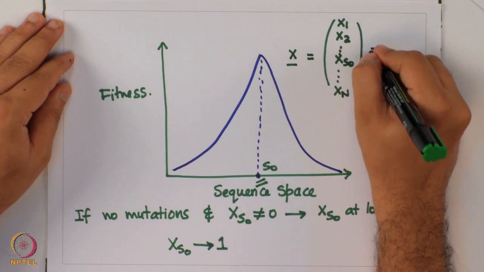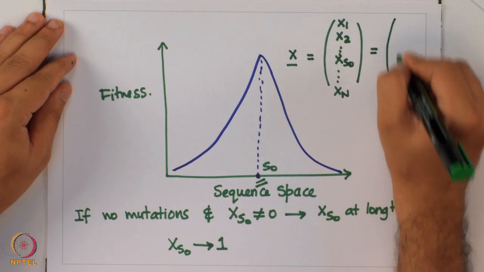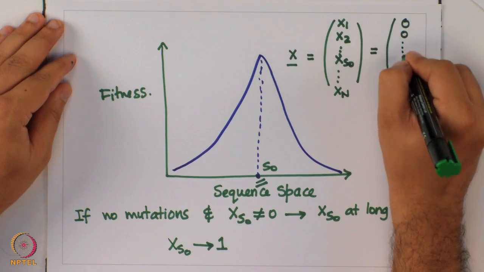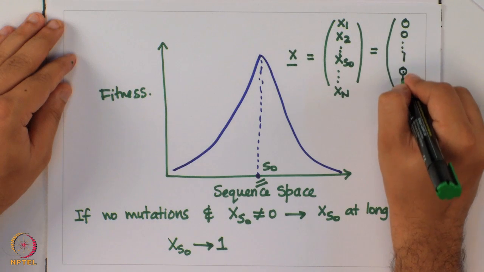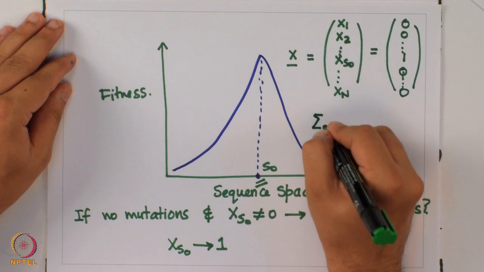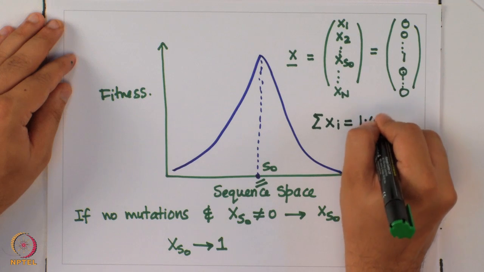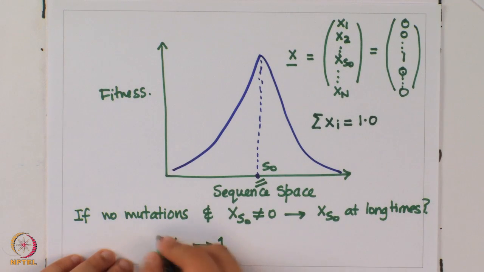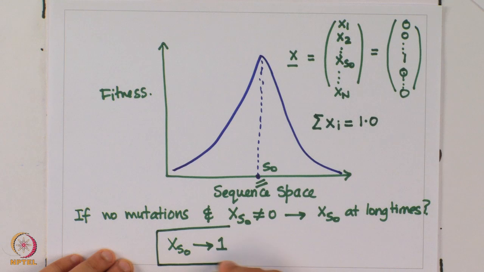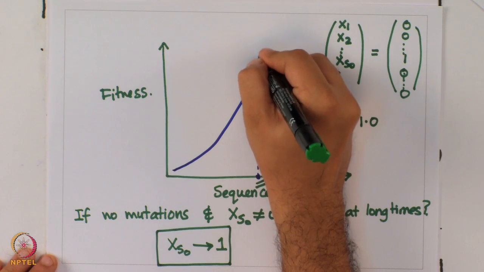Then at long times, in a scenario as defined by this vector, it would take the value 0, 0, 1, 0, zeros all the way, because since the x's represent the fraction of the population which belong to a particular genotype, the sum of xi has to be equal to 1, and selection, in the case of no mutations, decides that all individuals belonging to the population are at genotype S naught at long times. So, the entire population is right here.